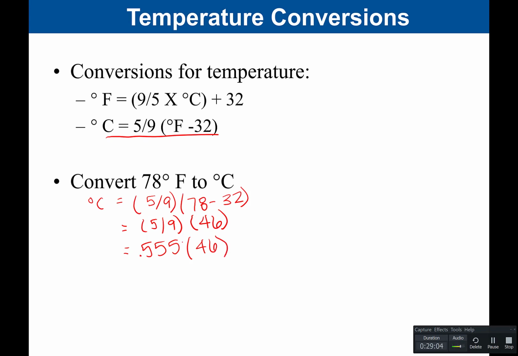So 0.555 times 46 is equal to 25.5 degrees Celsius. So if the temperature was 78 degrees Fahrenheit, in degrees Celsius, that would be 25.5 degrees Celsius. And this is how you convert between temperature units.